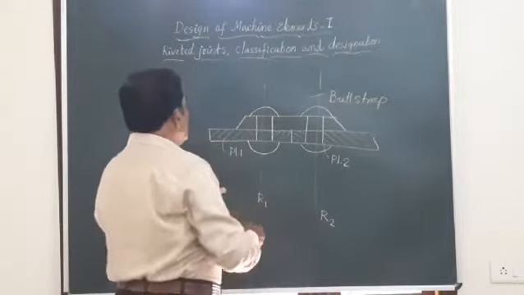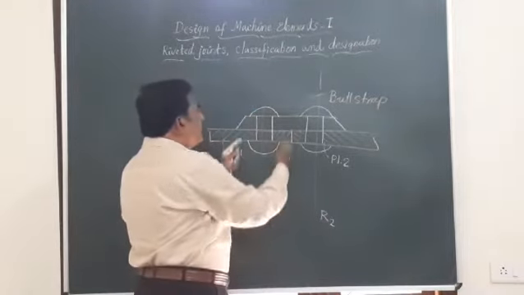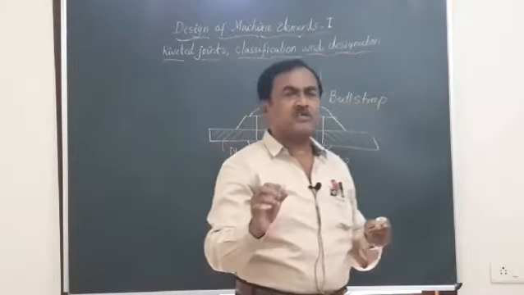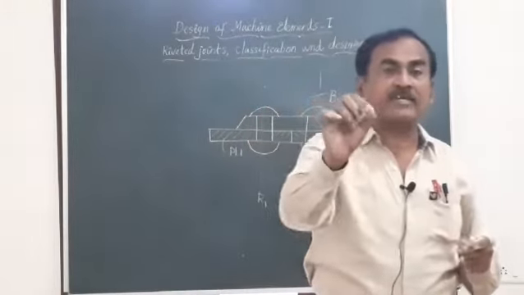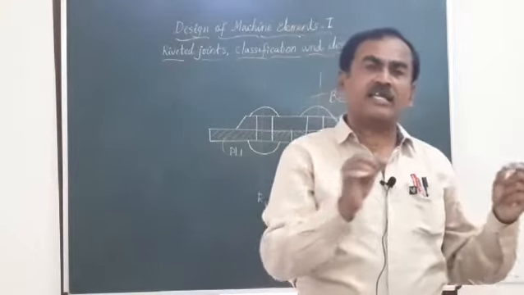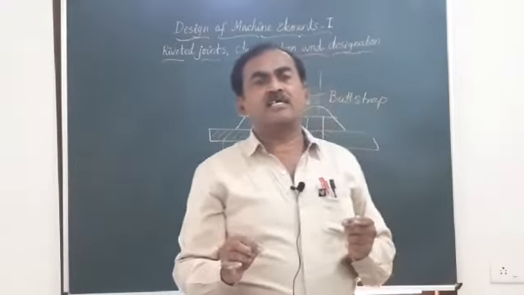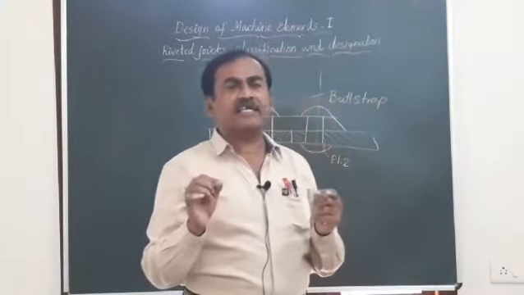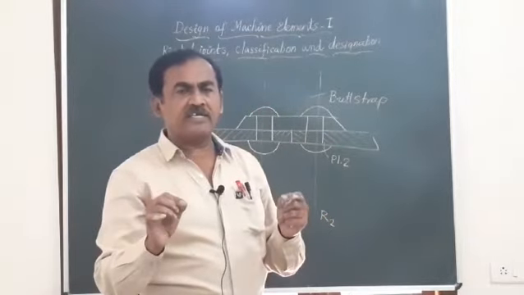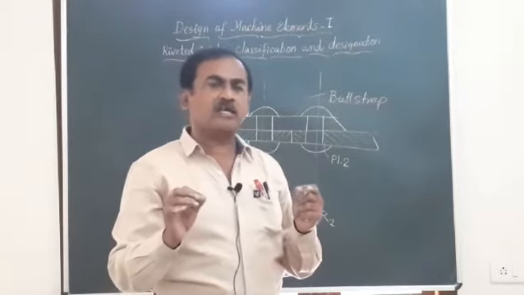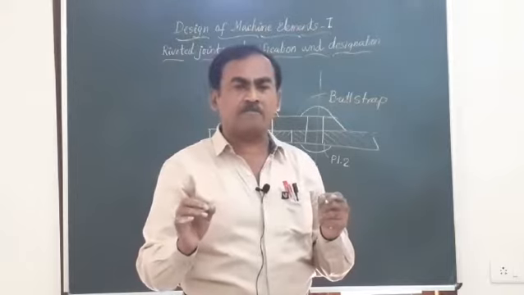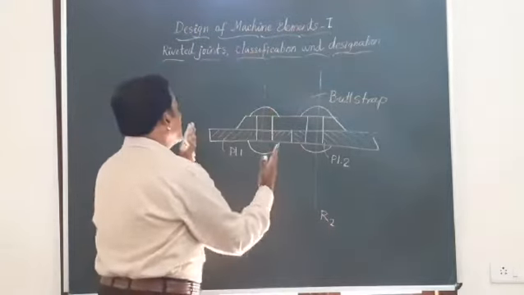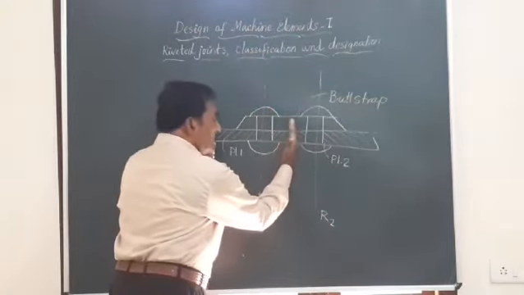Again friends, if you have two such rows of rivets on each plate, we call it a double riveted butt joint. Here, unlike our lap joints, the butt joints are designated as double riveted, triple riveted, quadruple riveted, and so on, depending on the number of rows of rivets on each plate.